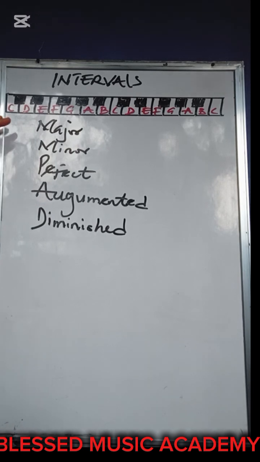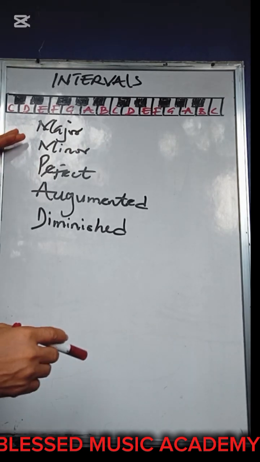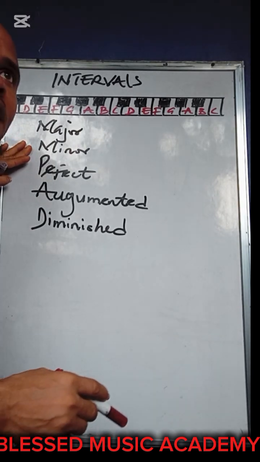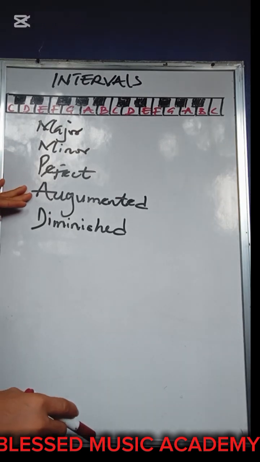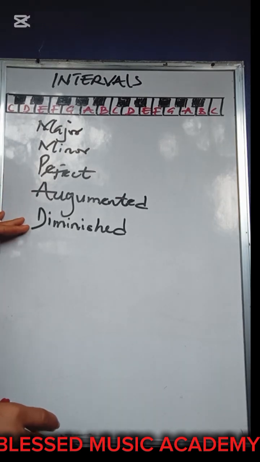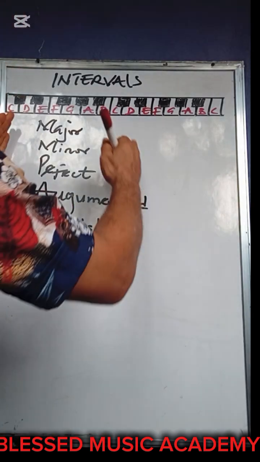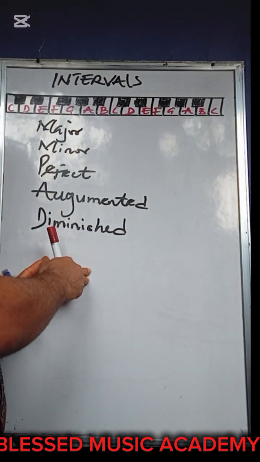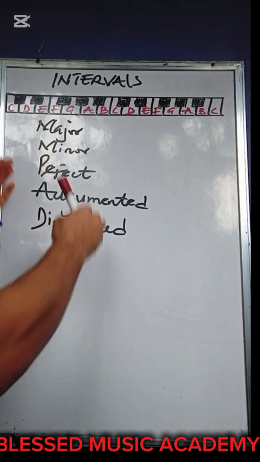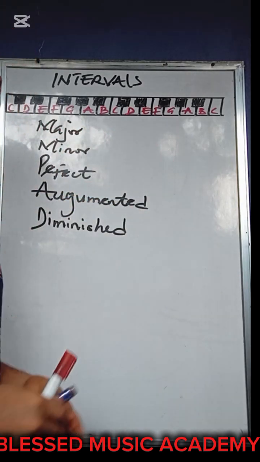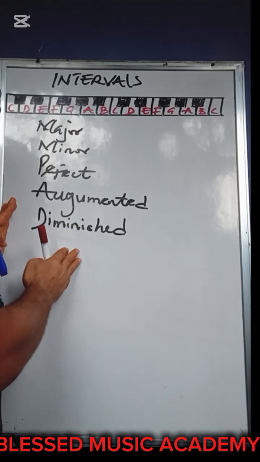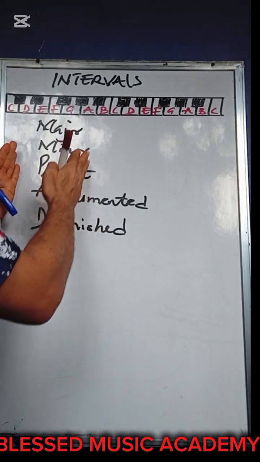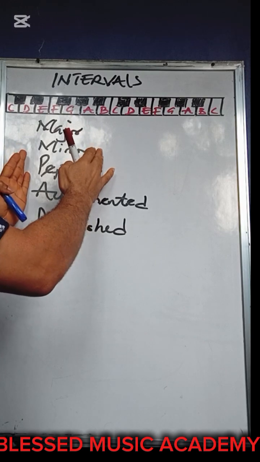So we have major intervals, minor intervals, perfect intervals, augmented intervals, and diminished intervals. These are the 5 ways we can determine the quality of an interval. Now we're going to pick them one after the other. Now let's look at major and minor.